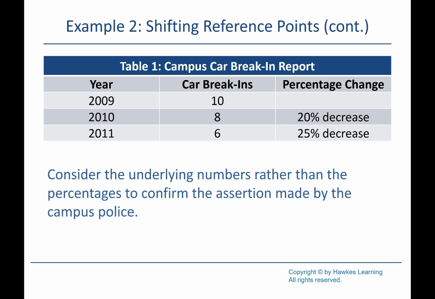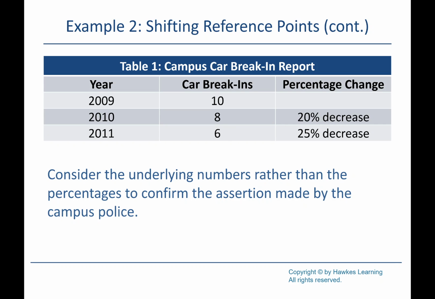Why? Because if we're calculating our percent change from 10 to 8, we divide by 10. And on the second one, going from 8 to 6, we divide by 8. So the problem is that we're referencing our change from 10 to 8 and then our change from 8 to 6.